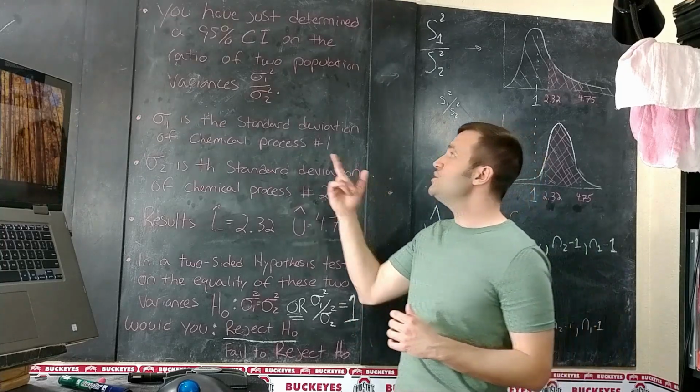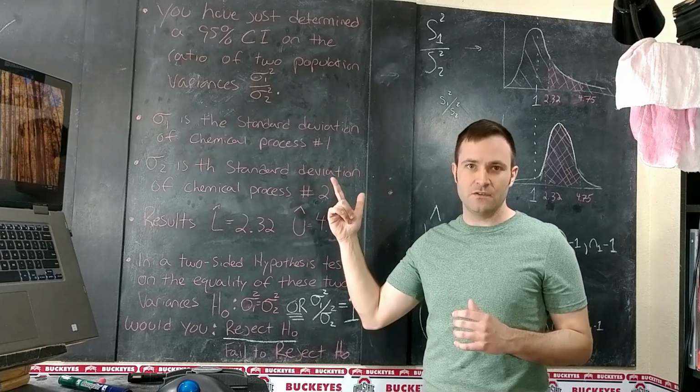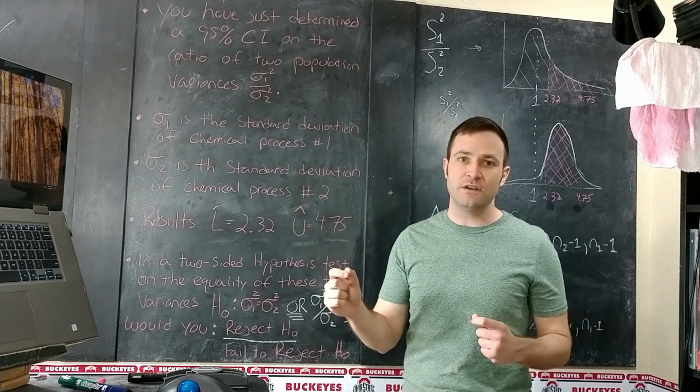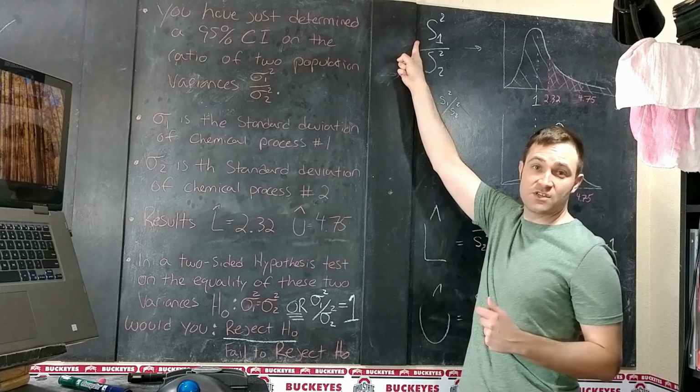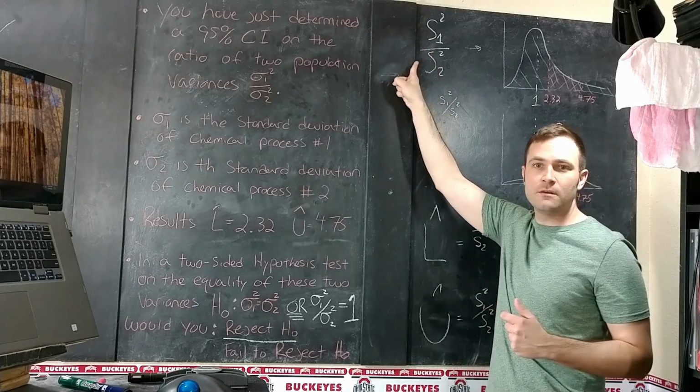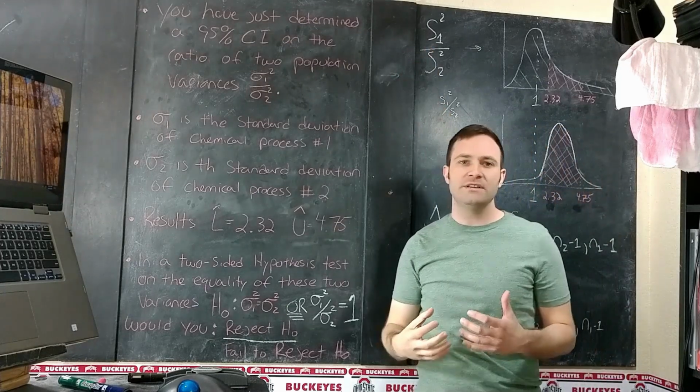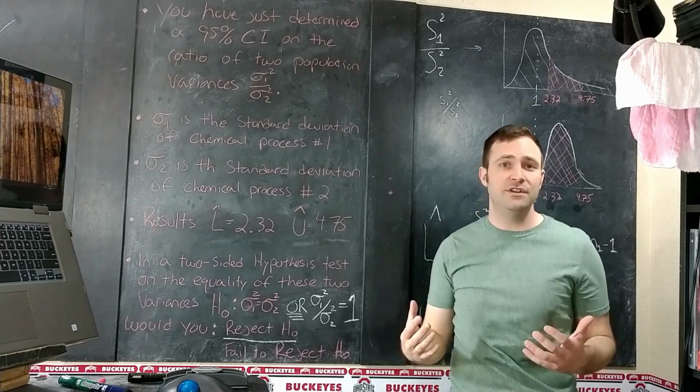Well, the ratio of two population variances will generate a test statistic of big S1 squared over big S2 squared that is a known probability density function. It's the F distribution.